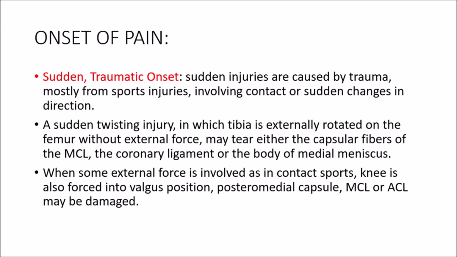If there is a sudden twisting injury in which the tibia is rotated externally on the femur without an external source of force, there may be a tear of the capsular fibers of the MCL, a coronary ligament injury, or an injury of the body of the medial meniscus. But when some external force is involved, such as in contact sports, and the knee is forced into a valgus position, the posteromedial capsule, the MCL, or the ACL may be damaged.